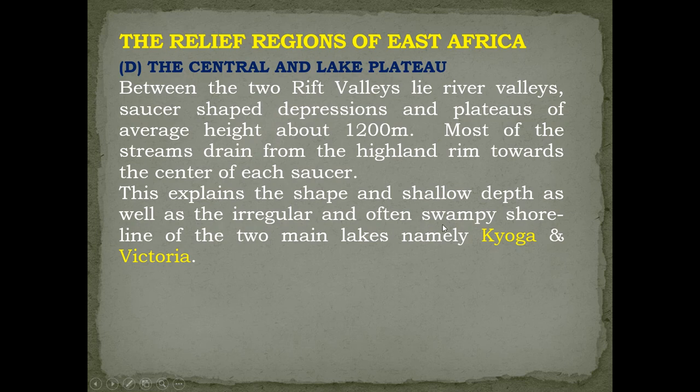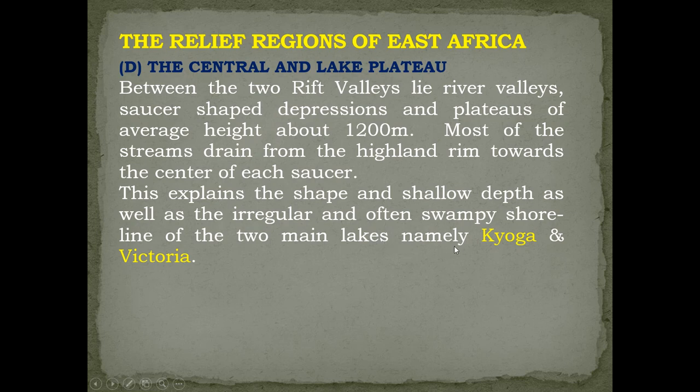Those of you who come from the shores of Lake Victoria or districts surrounding Lake Victoria, around Lake Victoria there are so many swamps. Around Lake Kyoga there are so many swamps, just because there are so many rivers which are draining into these lakes.